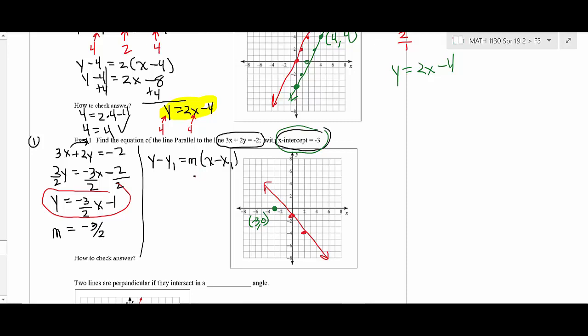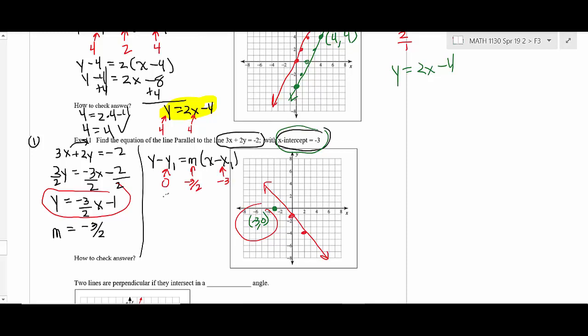So the -3/2 will go in here. You plug the point in. The point you had was -3, 0. So the -3 goes there, y = 0 goes there. Then you just solve that equation for y, and then we'll graph it to see if it looks right.